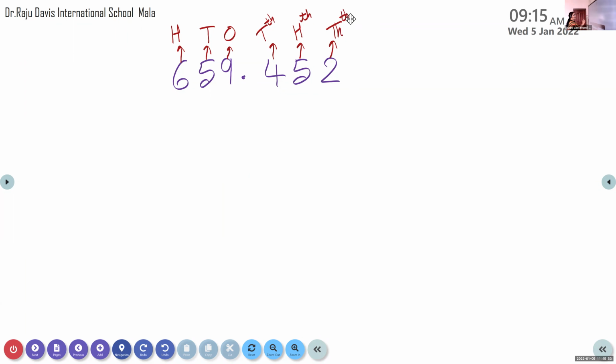When we write the expansion, we have to write it like this. 6 into, since it is in the hundreds place, 6 into 100 plus 5 is in the tens place. So 5 into 10 plus 9 is in the ones place. So 9 into 1.